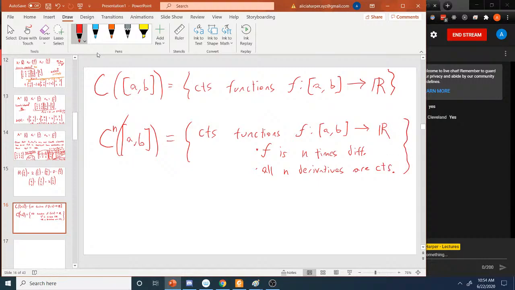In fact, last time I considered the special case where n is equal to 1, but I can do it generally now. Then Cn of AB is a subspace of C of AB.